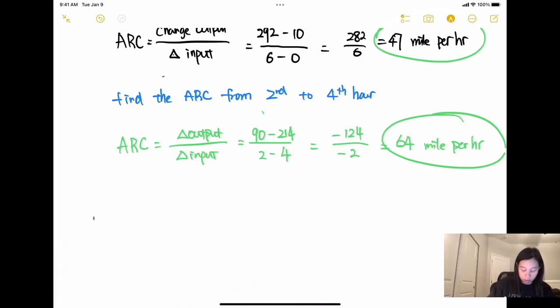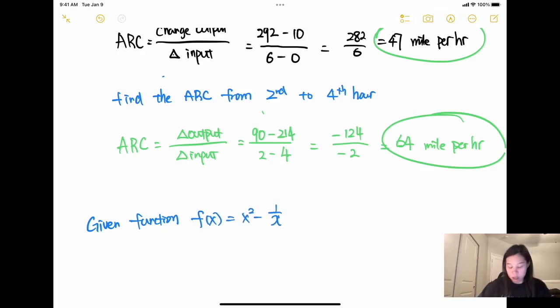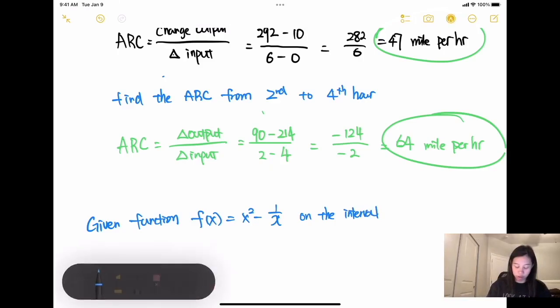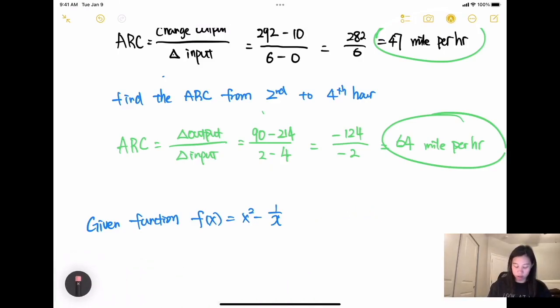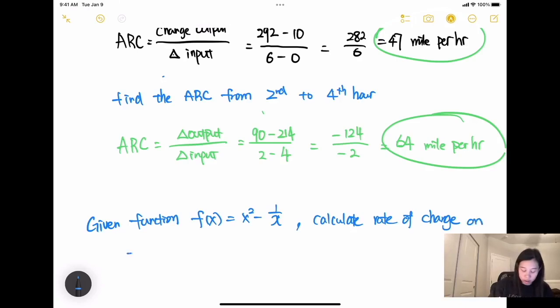So if I give you a function, f(x) equals x squared minus 1 over x, calculate the rate of change on the interval from 2 to 4. How do you do that?